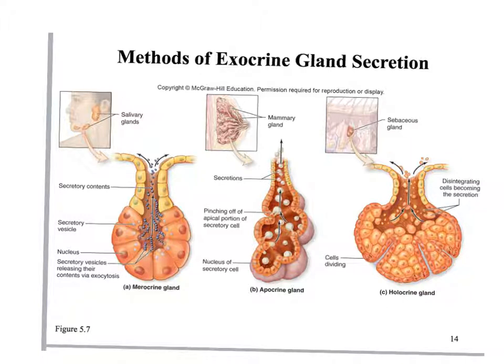How the secretions are produced also can be the reason for what's inside the secretion. You may have talked about eccrine versus apocrine sweat glands in lab last week, and we'll talk about them next week. Apocrine sweat glands are found in the axillary region and in the genital region of the body, armpits and groin.